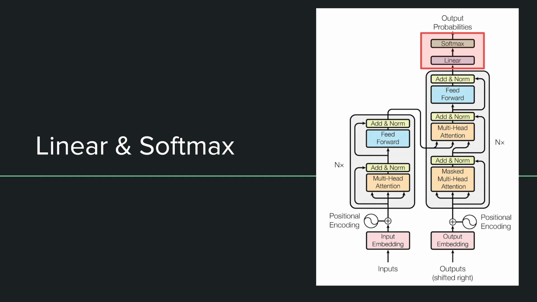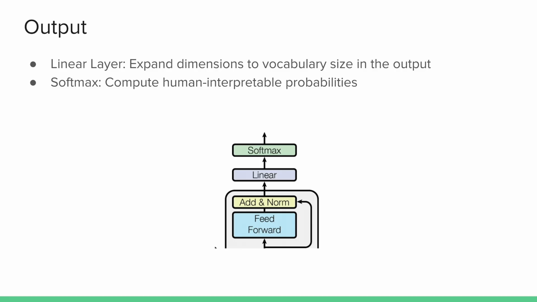Now, we have basically all our blocks except the linear and softmax at the output, but those 2 blocks are something that we've already seen in other neural networks, in the sense that the linear layer is processing our data to make it more meaningful. In our case, we can use that linear layer, or a fully connected layer, to expand the dimensions to our vocabulary size in our output.